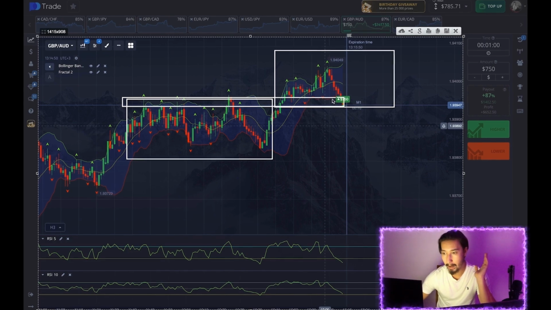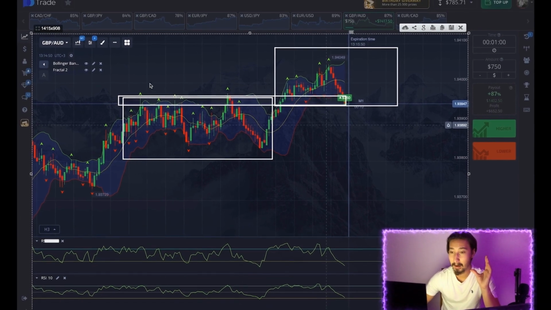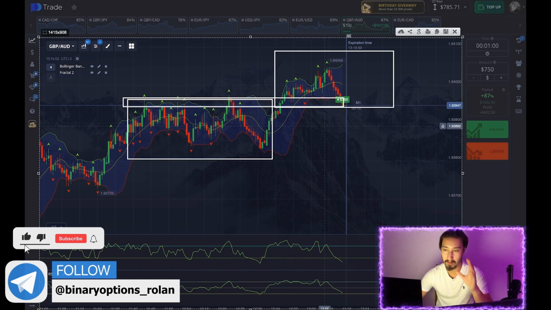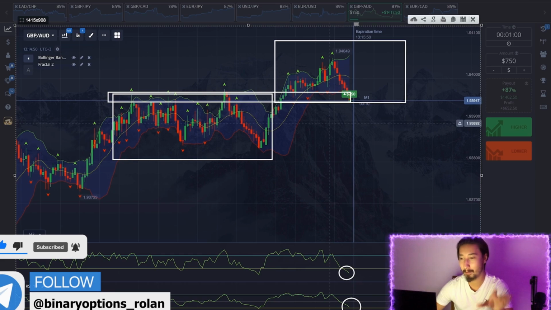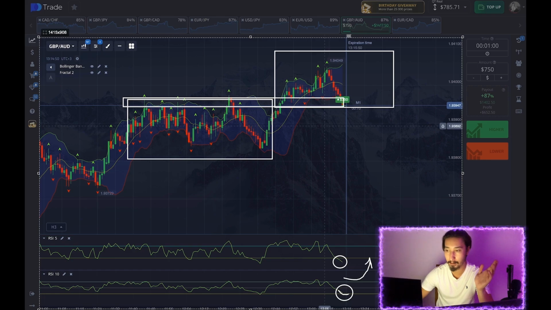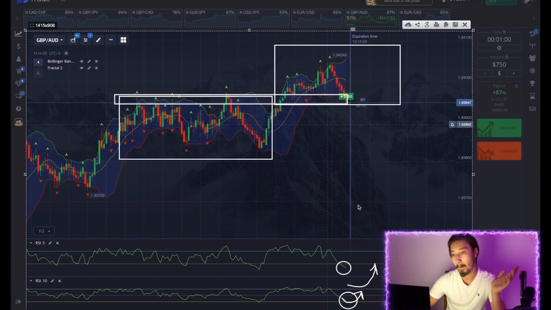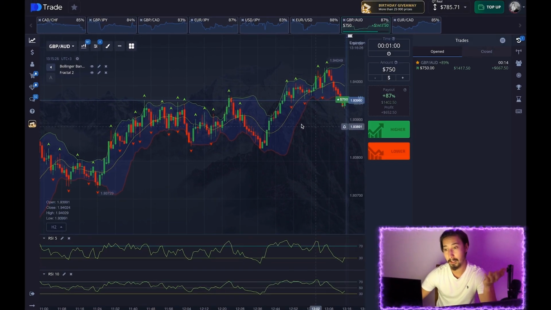Here again we have a support area, and here we have a resistance area. Also, both moving lines of the oscillator here are in the oversold area. I'm observing a possible reversal on the second oscillator, so in this case I also open a long position. So let's watch the results.